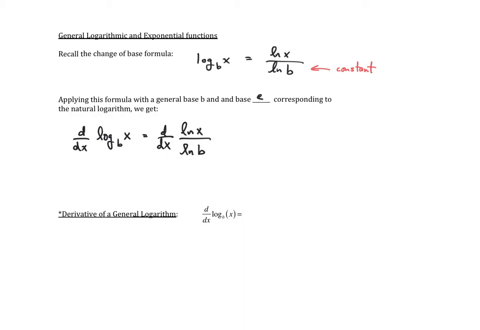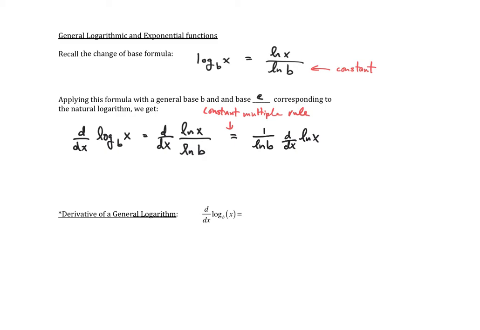And remember, because this natural log of b is a constant, we could use the constant multiple rule, which means we could factor the 1 over ln b out of the derivative.